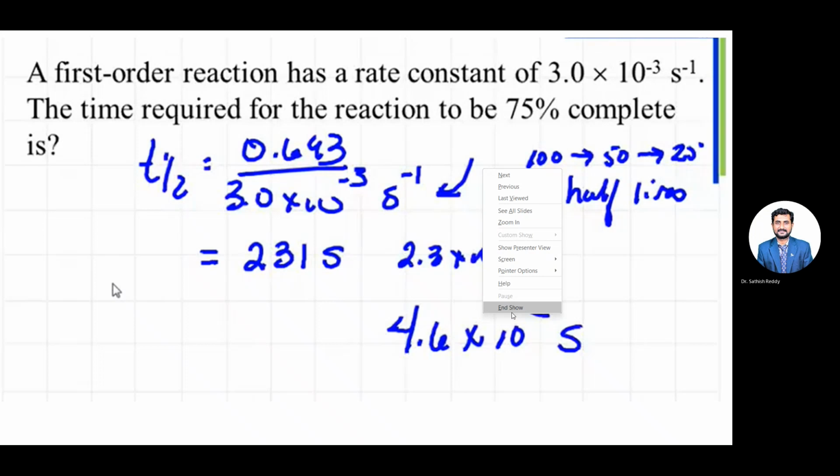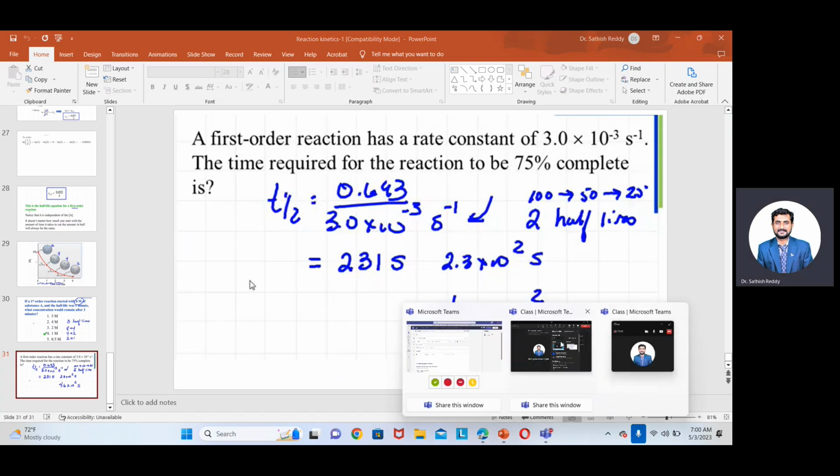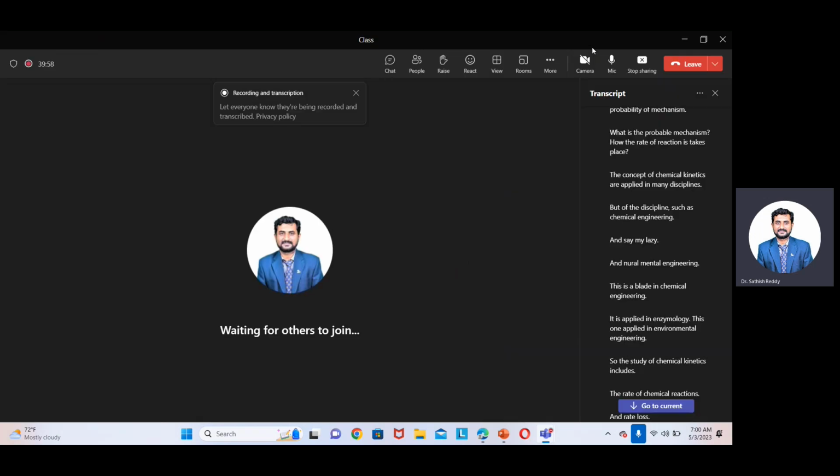Thank you. We have explained today the introduction to rate of reaction, factors affecting the rate of reactions, order of reactions, first order reactions, and how to determine the order of reaction experimentally from calculations. Then we discussed the rate law and first order reactions, and we found the integrated equation.